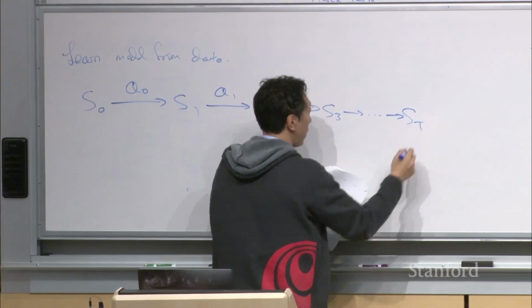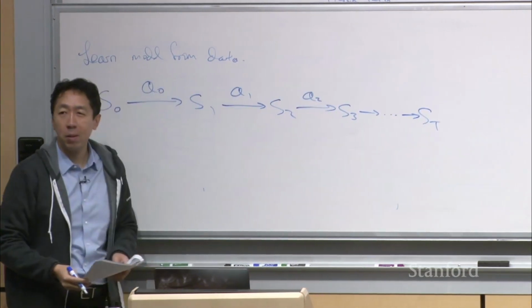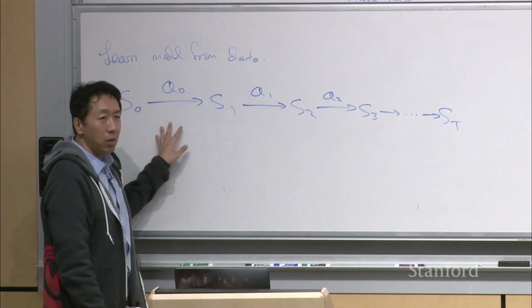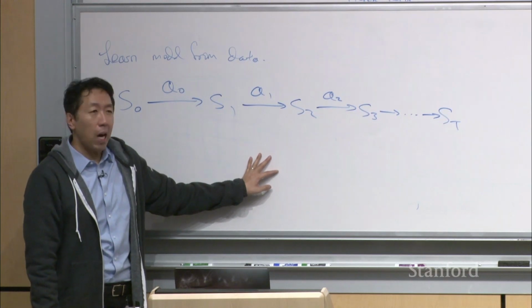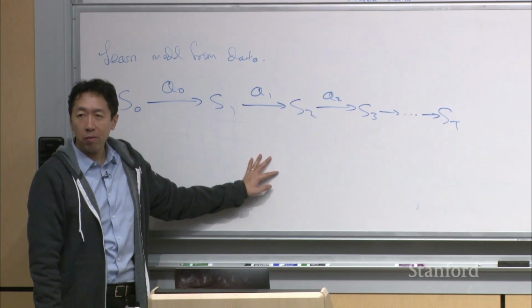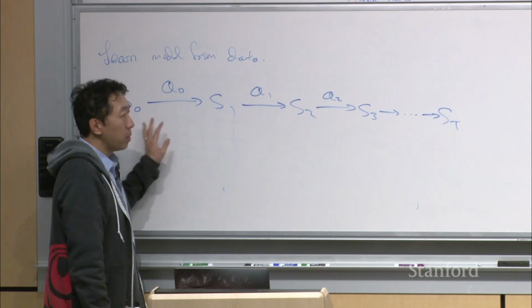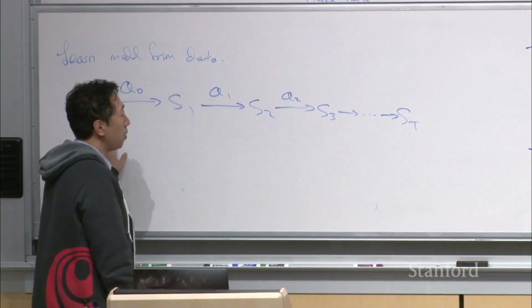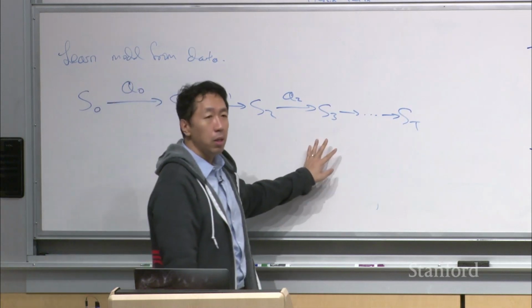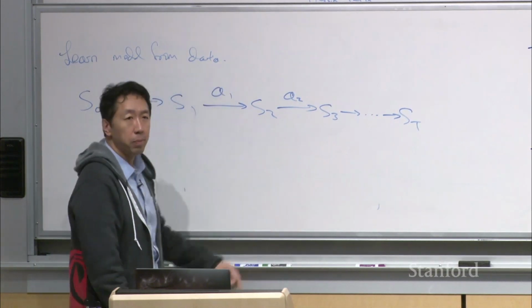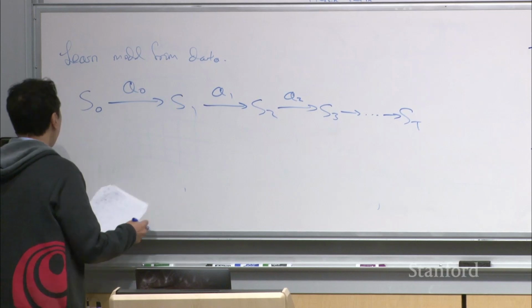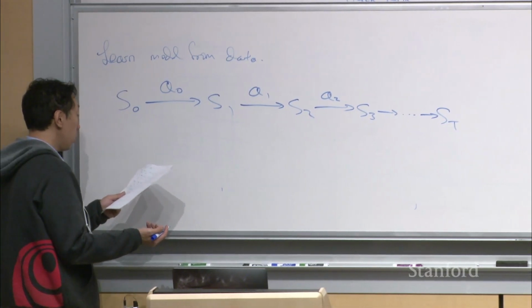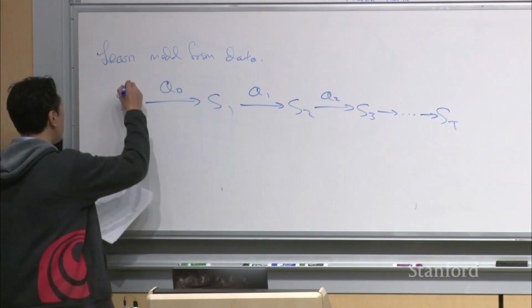And let me just write this as S capital T, right? So in other words, what you do is take the helicopter out to the field and hire a human pilot to fly this thing for a while and record the position of the helicopter 10 times a second, and also record all the actions that the human pilot was taking on the control stick. Okay, and then do this not just one time, but do this m times.